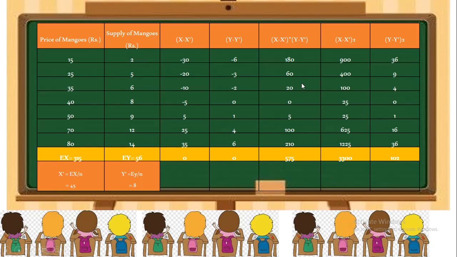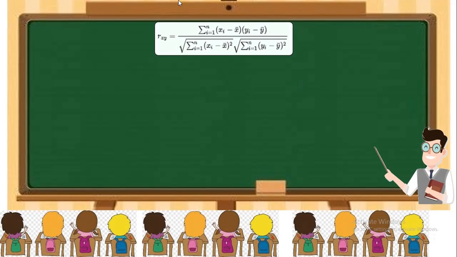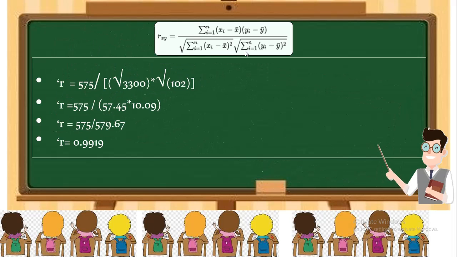Now let's apply these figures into the formula, and let us have another look at the formula. The formula is x minus x bar into y minus y bar in the numerator, and in the denominator we put the square root of x minus x bar square column and y minus y bar square column. So this is what we have calculated. 575 is the numerator, and in the denominator we have the square root of 3300 and the square root of 102.